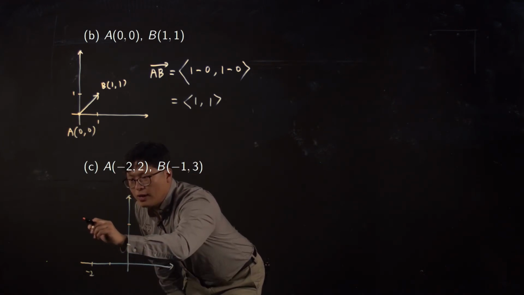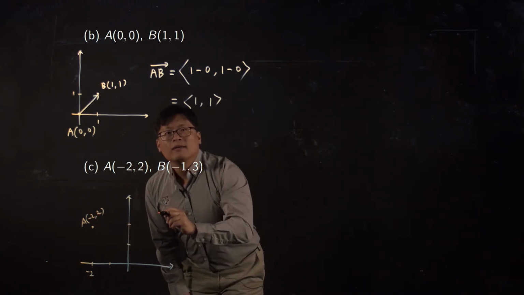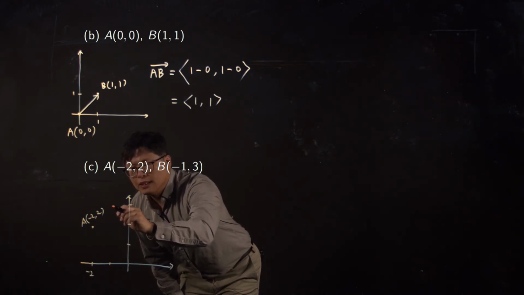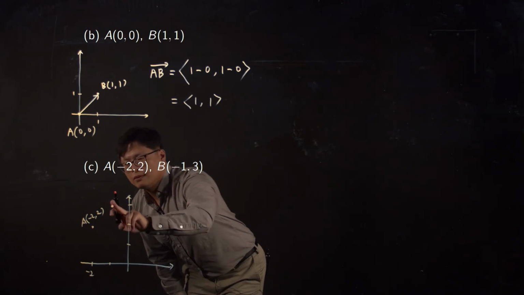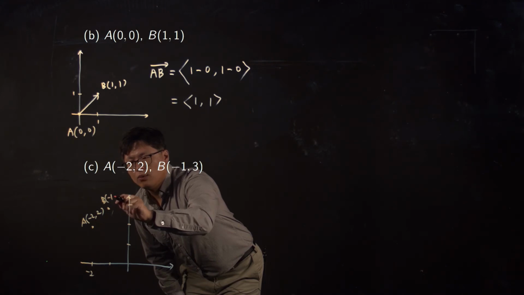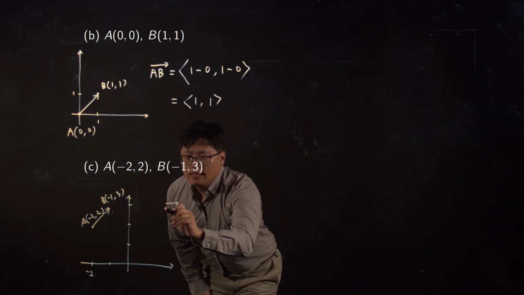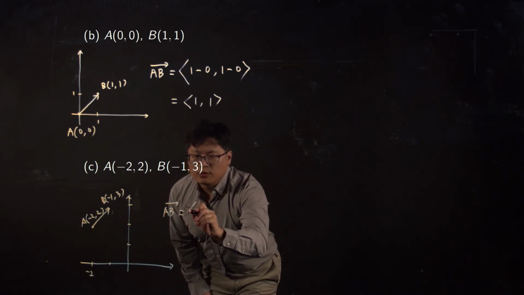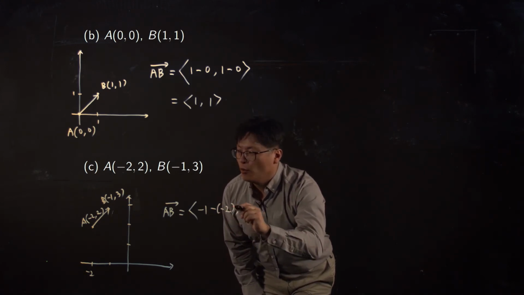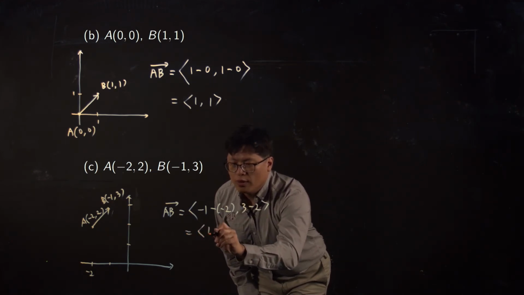This point is your A. Okay, and negative 1, 3 is here. It's too far, but maybe somewhere here. Let's say it's B, negative 1, 3. Then this is your vector AB, okay? Then in a vector bracket notation, we can write this one. Again, terminal point minus initial point, comma, y component, terminal point minus initial point, which is equal to 1, 1.